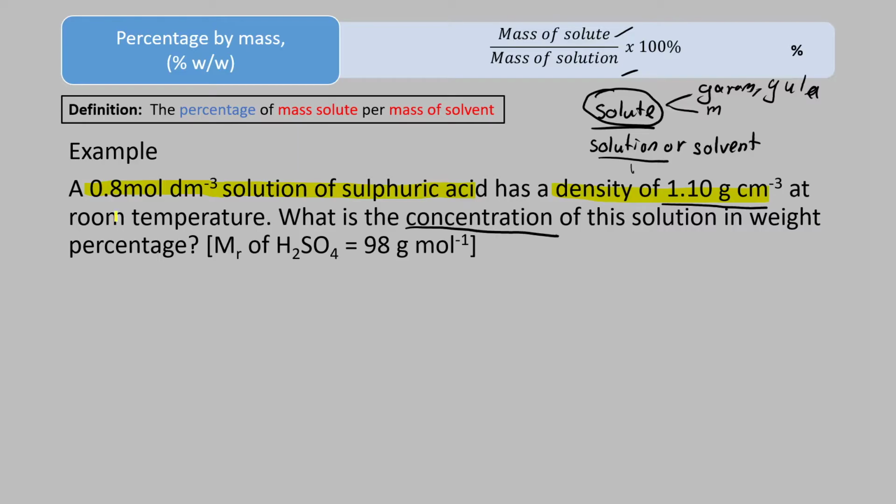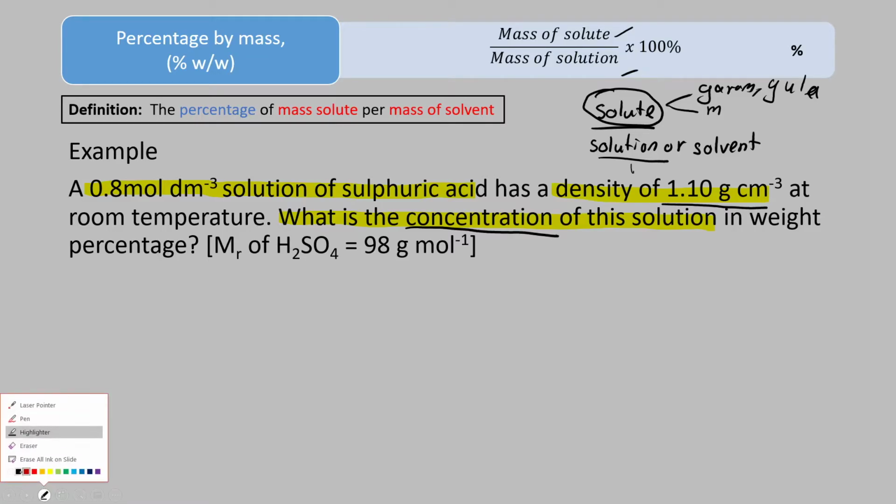Is there a gas volume here? There is none, so I don't need this information. It's just there to make the question look long. So the question is, what is the concentration of the solution? So what do you need to do?